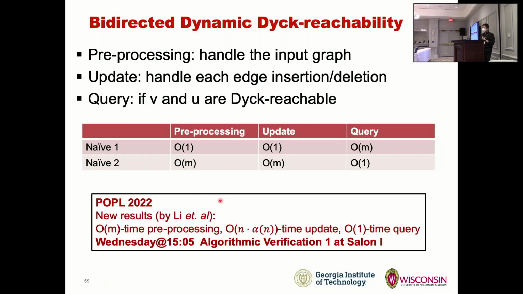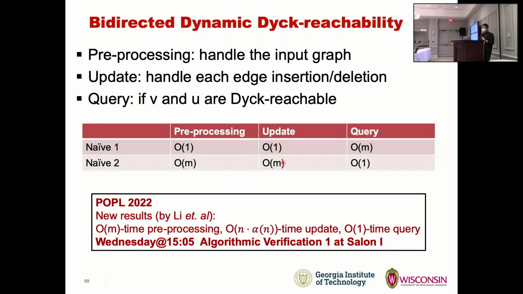Somehow we came up with an interesting result that we can avoid this redundant computation. So the overall complexity is that for the pre-processing, of course, we cannot beat the optimal algorithm, so it takes O(m) time to do the pre-processing.